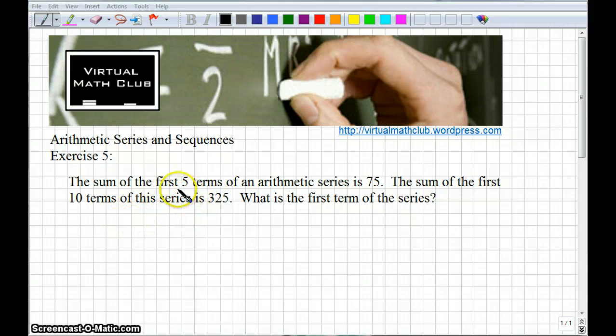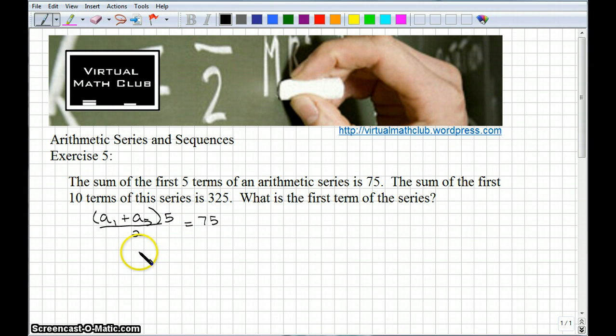It's an arithmetic series. The sum of the first 5 terms is 75. That means the first term plus the last term of that series, times the number of numbers, which is 5, all over 2, is equal to 75.